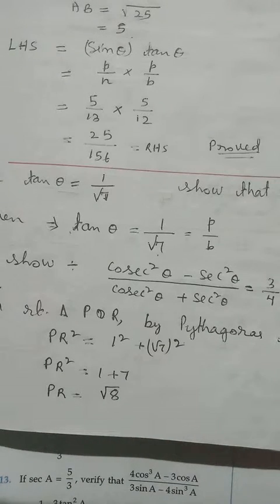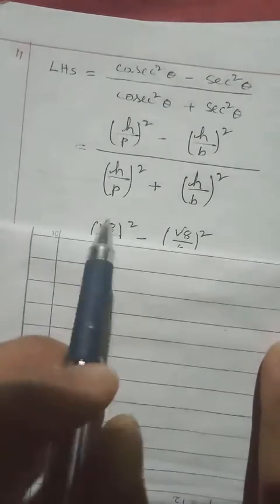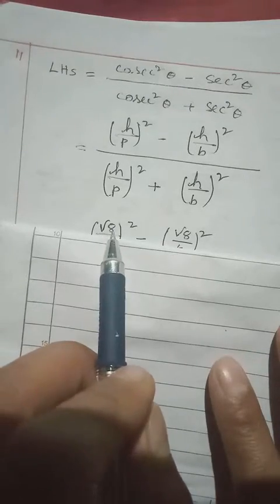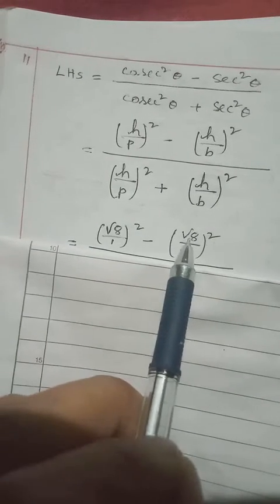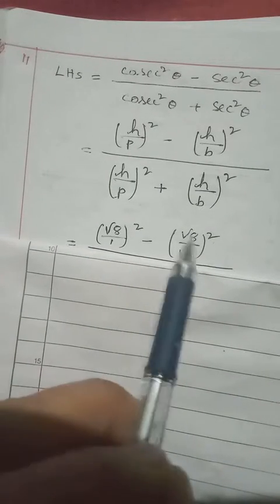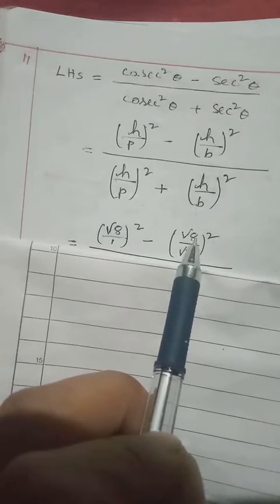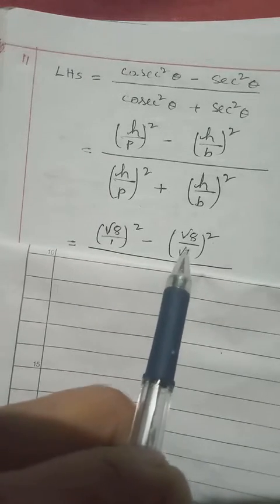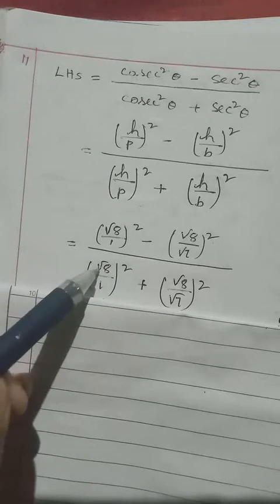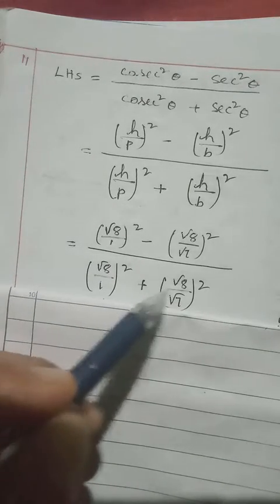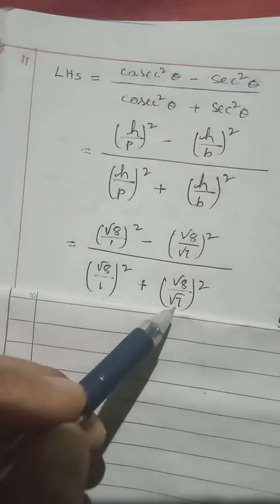So let us continue to replace the values now. H we already calculated, it is root 8. Then p is 1, so whole square, we have minus. Again h is square root 8, base is root 7, you can replace there. In the denominator also the same: square root 8 by 1 whole square plus square root 8 by square root 7.